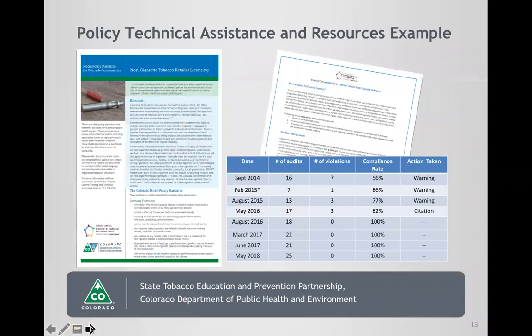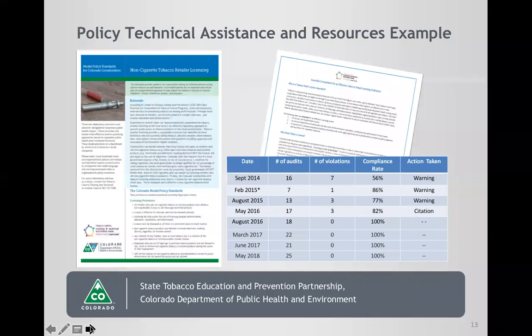And then this little chart here shows a community's compliance data with a non-cigarette retail license. We saw that they were doing more enforcement than communities without a license, or that those retailers were experiencing more compliance checks, and they had lower violation rates than communities without a license.